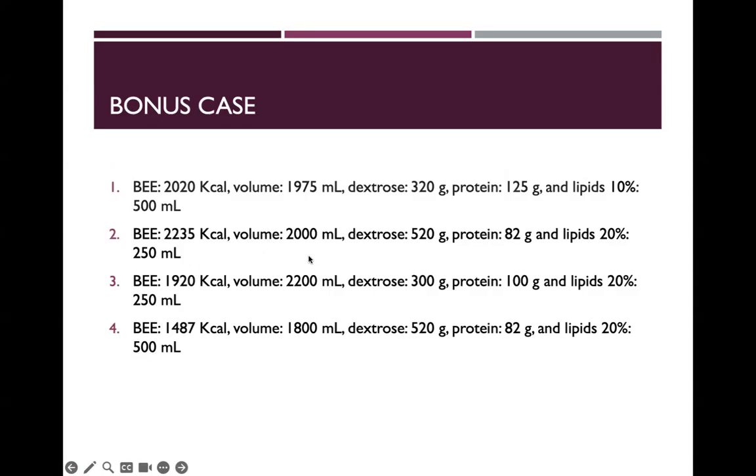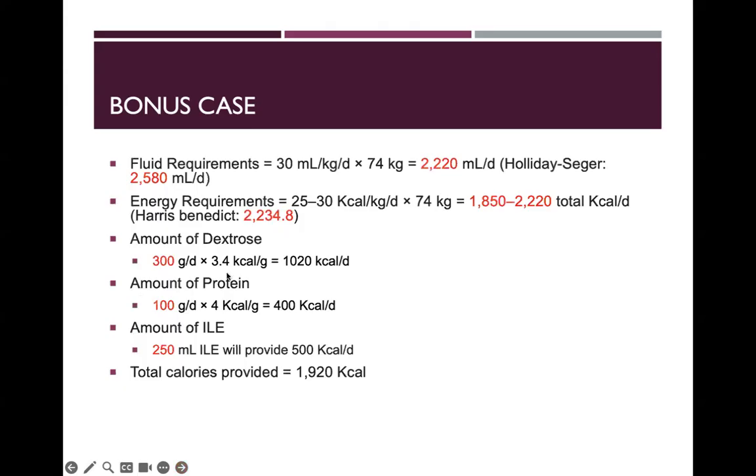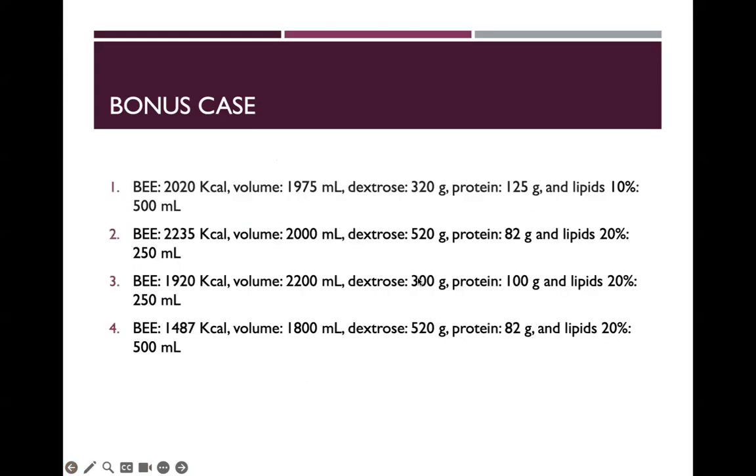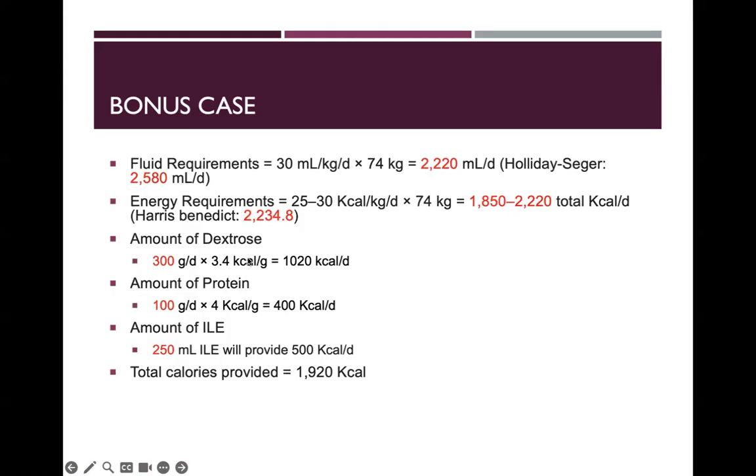Okay, so now I'm left with, if the BEE is acceptable and the volume of fluid is acceptable, now we're looking at vast differences in the dextrose, while the protein and the lipids are about the same. So let's go and calculate the dextrose. If I use the first one, option B, which is 520, 520 is going to be multiplied by 3.4, which is going to give you some number.